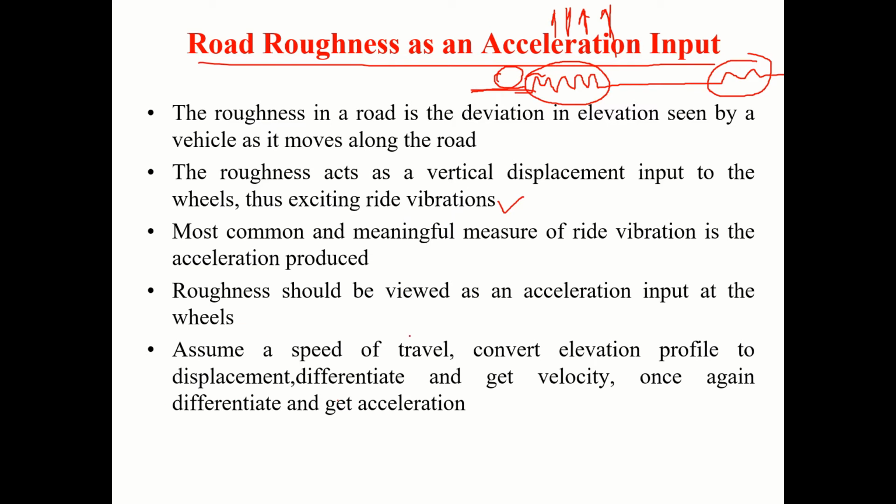Now again it will produce accelerations in the vehicle. If this is the sprung mass and these accelerations are produced, then for each person sitting over here, this acceleration value and the mass of the person is going to be the force imparted to the person.